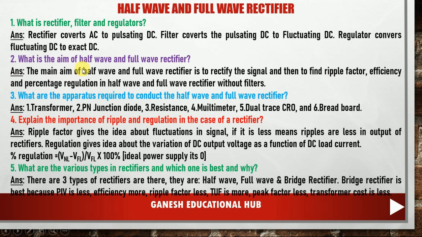What is the aim of half wave and full wave rectifier? The main aim of half wave and full wave rectifier is to rectify the signal and then to find the ripple factor, efficiency, and percentage regulation in half wave and full wave rectifier without filters.